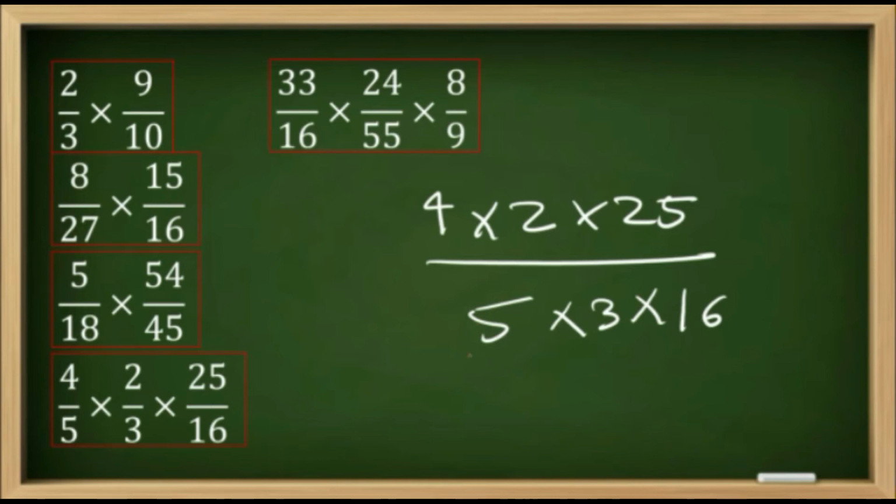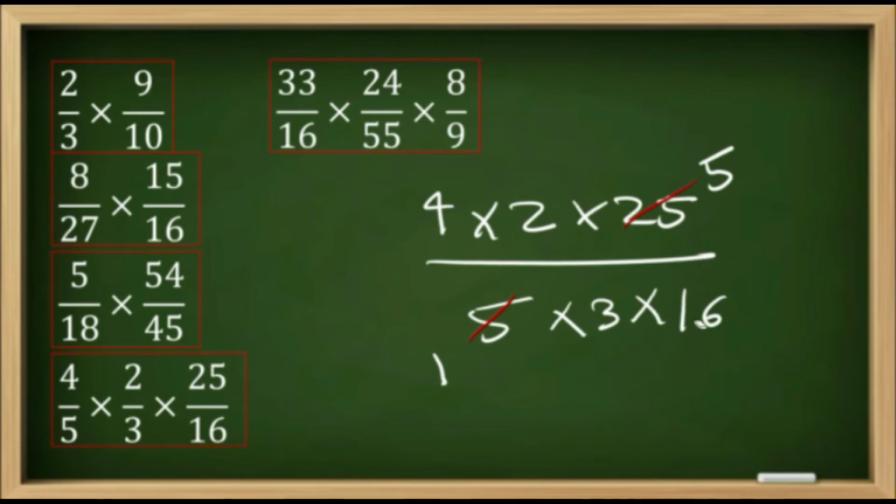5 and 25 can be simplified, so I'm going to go ahead and do that. 5 ones are 5, 5 fives are 25. Next, 4, okay, and the 16 can be simplified, and even this 2 and the 16 can also be simplified.